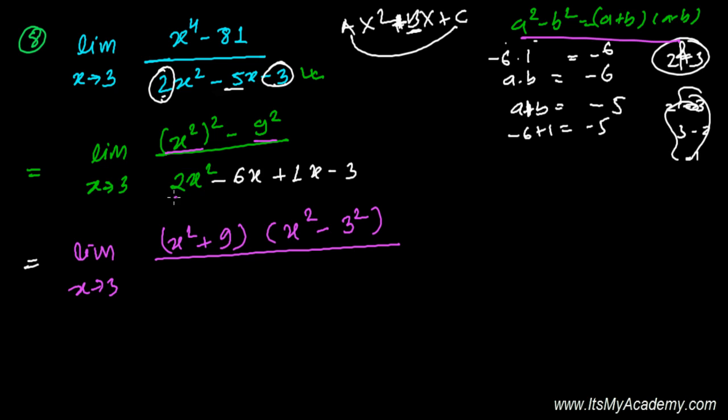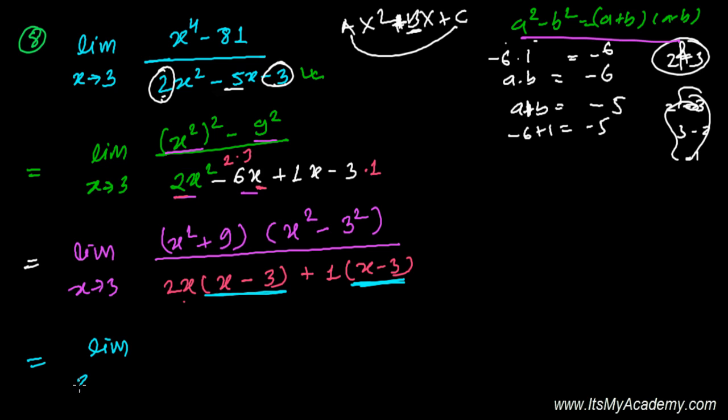And now here I'm getting a few things common, that is 2 and x. So 2x, when I take common, I'll be left with x, and 2 is already there. 6 is actually 2 times 3, 2 we have already taken, so it's 3, and x is also taken already outside, so we're left with only 3, and plus here nothing is common except 1. So 1 I'm going to take common, so it's going to be x minus 3.